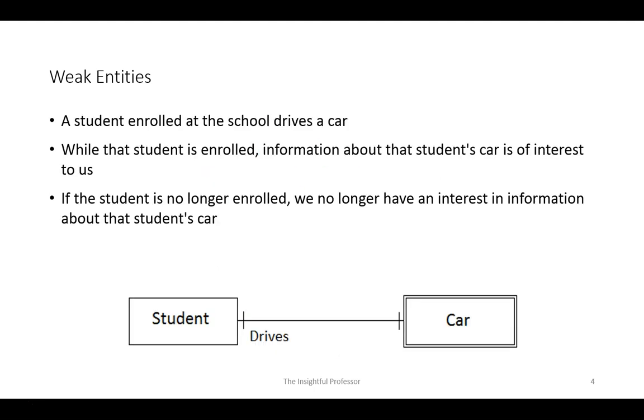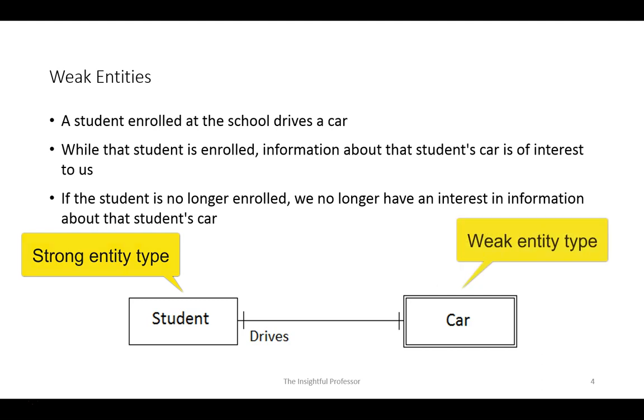Let's look at an example where we have a one-to-one relationship between student and car. So a student is enrolled at the school and drives a car. It is while that student is enrolled at the school that information about the car is of interest to us. If the student is no longer enrolled and leaves the school, we no longer have any interest in information about that student's car.